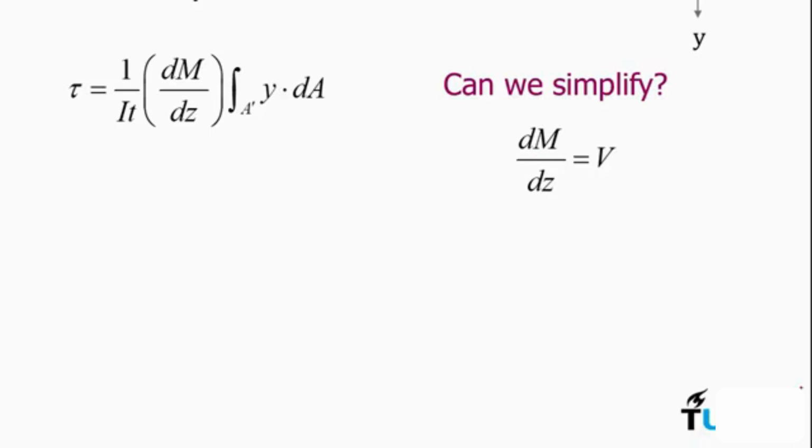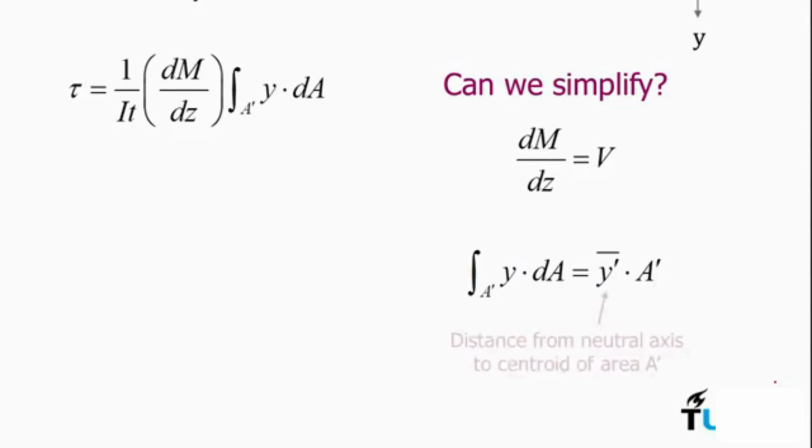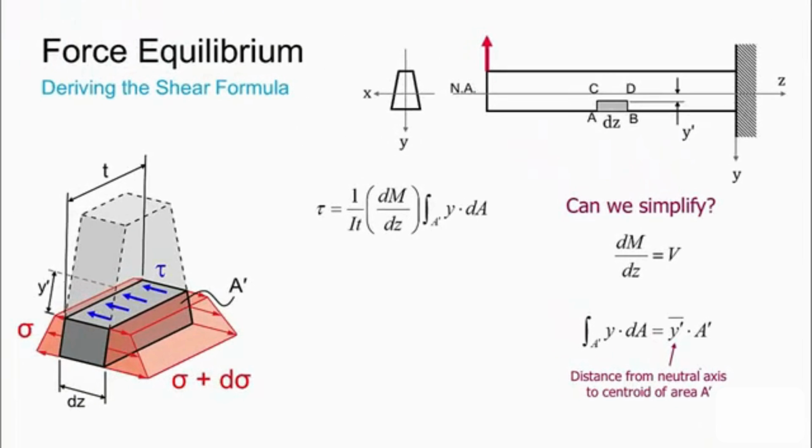We can also recall that the integral of y dA is the first moment of area. So it will be equal to the area A prime, which is our domain, times the centroid of that area A prime. So we will call that y prime bar, and that's the distance from the neutral axis, which is here, to the centroid of A prime.